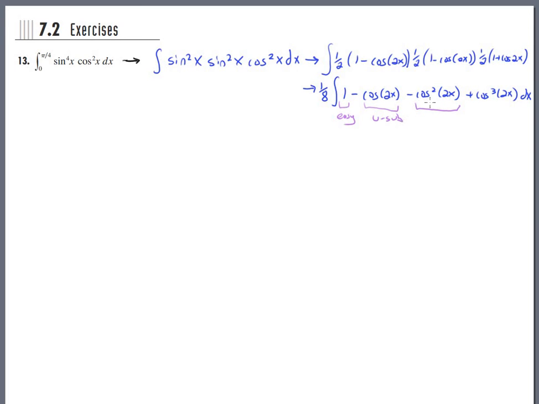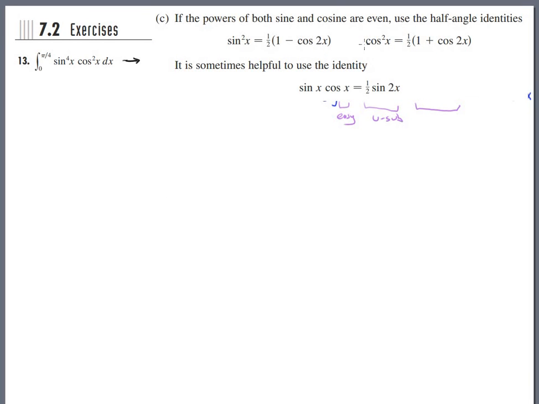This one is a cosine squared. And it's not of x, it's of 2x, but the formula works the same regardless. It just says that a cosine squared of an angle, any angle, whatever that angle's called, you can go to 1/2, 1 plus cosine of twice that angle. So for us, that'll take our angle from 2x to 4x.